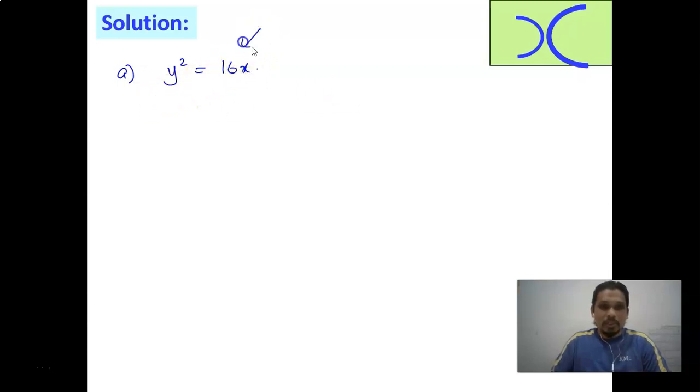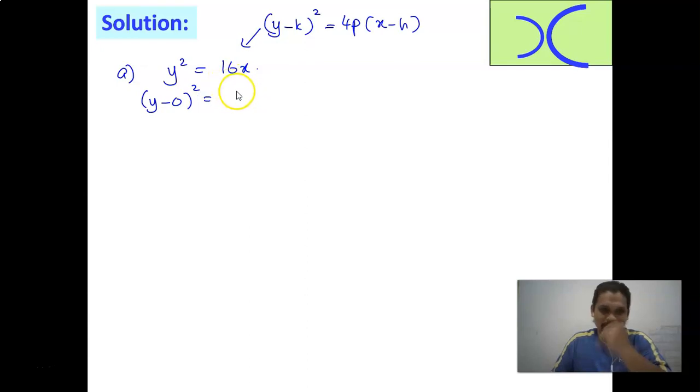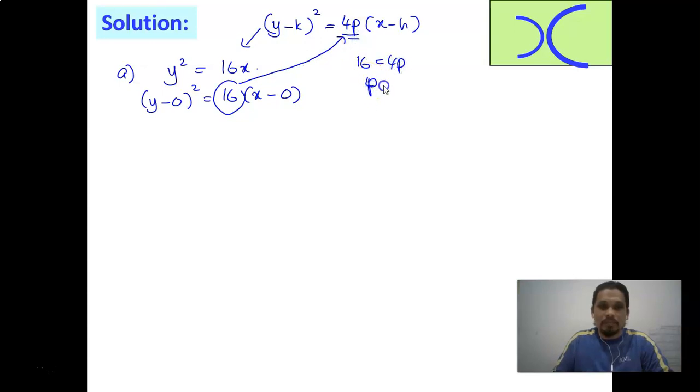We compare with the general equation of the parabola, y minus k squared equal to 4p times x minus h. So here you come out with y minus 0 squared equal to 16 times x minus 0. Look at this: we compare with 4p. 16 equal to 4p, then p equals 16 divided by 4, equal to 4.